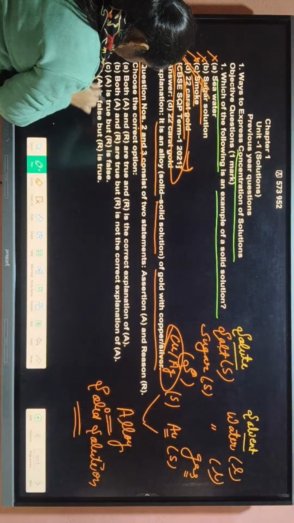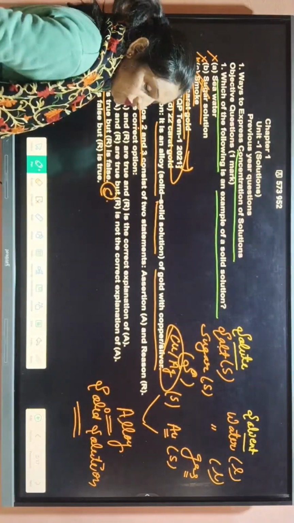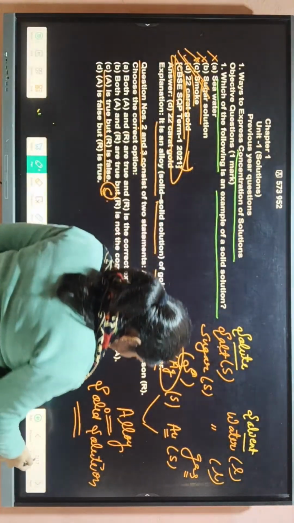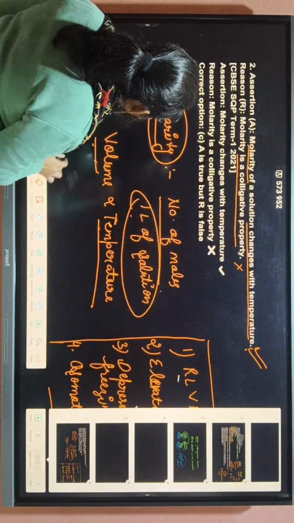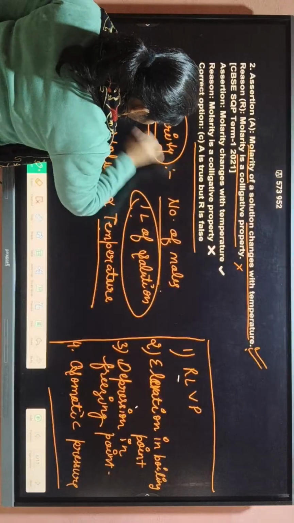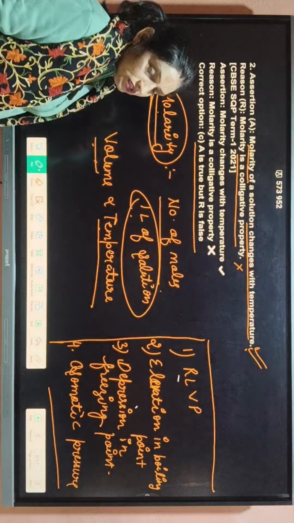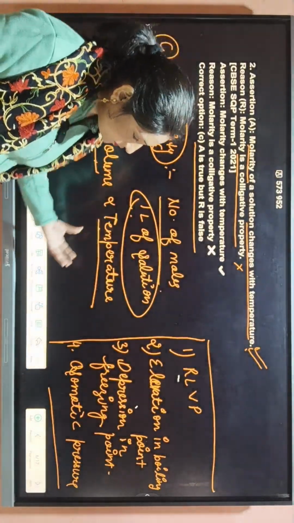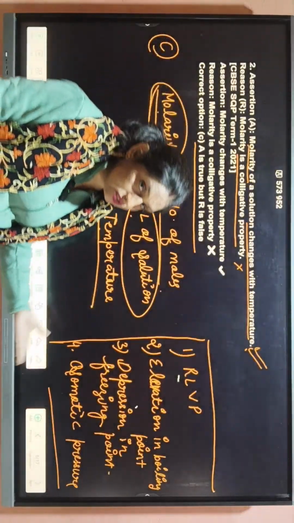Assertion is true, but reason is false. So you will go with option C. Assertion is true and reason is false, so option C is the correct option for this. Okay, so in this way you will solve the questions. I hope this question is also clear to all the students.